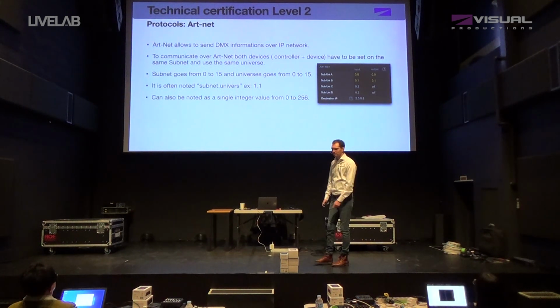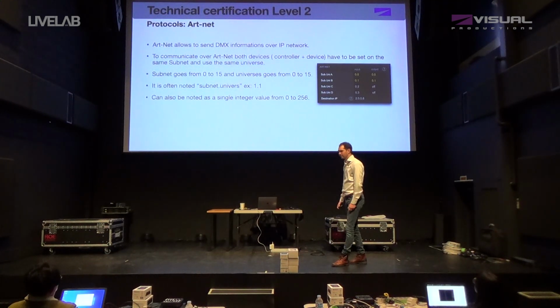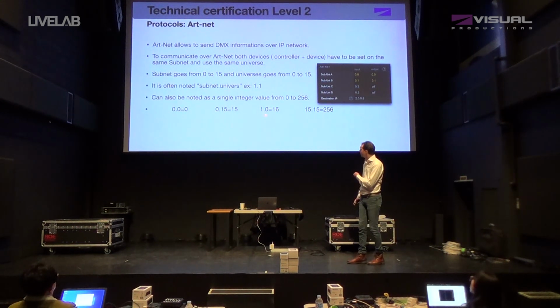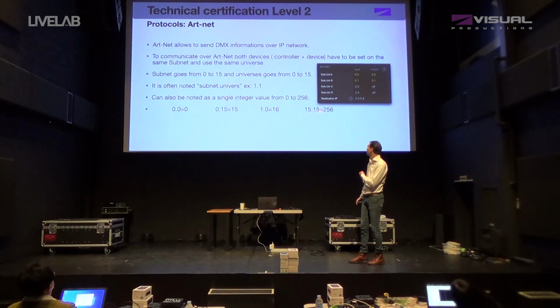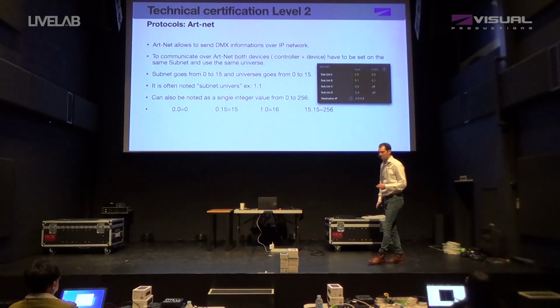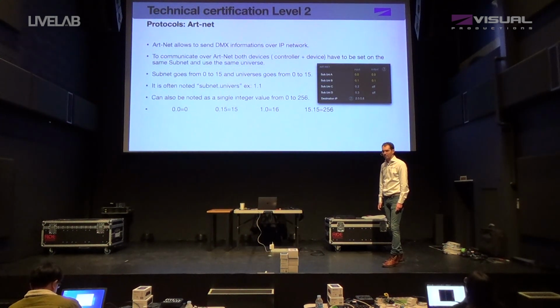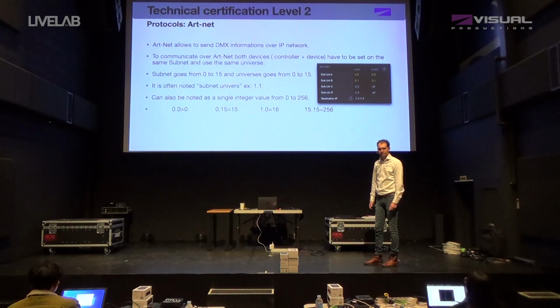To make the correspondence between the notation with a dot and the notation without a dot, you can see here 0.0 is 0, 0.15 equals 15, and then if you do 1.0, it's 16, and the maximum is 15.15, that makes 256.